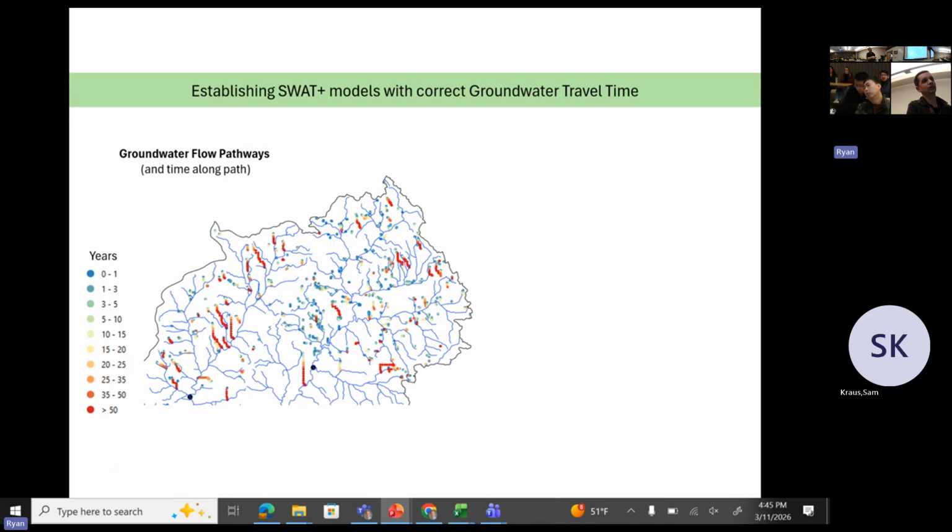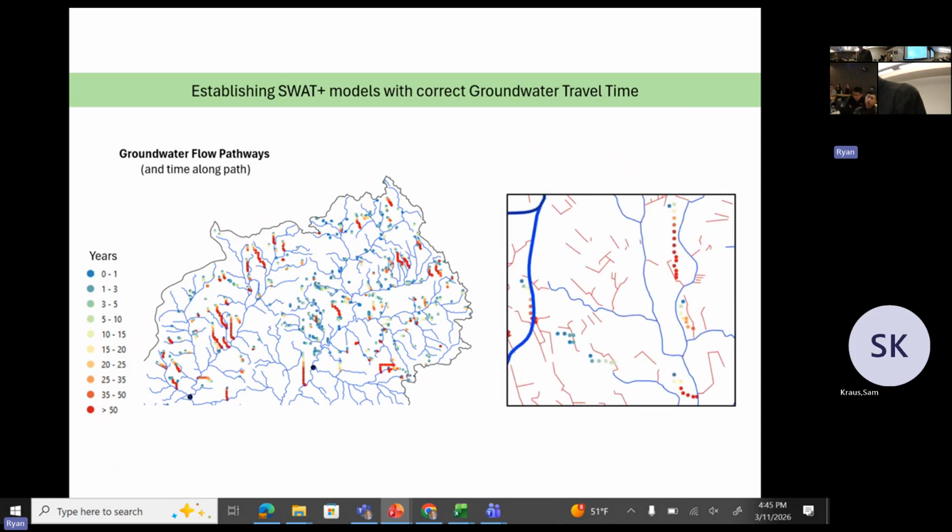It's going to hit this channel right here. And that takes over 30 years to get there. So you can have all these different pathways from fields to the channel, and then how long it takes to get there. Make sure it matches up with our tracer data in the field.